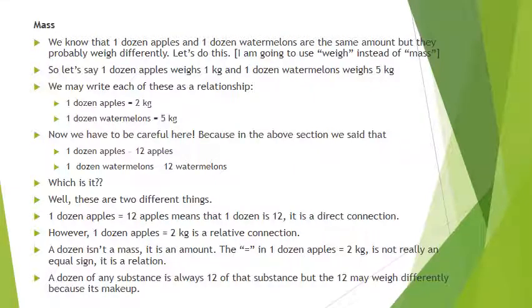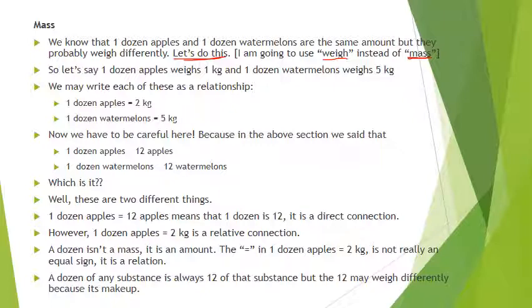Okay, next thing is mass. We know that 1 dozen apples and 1 dozen watermelons are the same amount, but they probably don't weigh the same. I just want to let you know I'm using the word weight instead of mass, just because I'm so used to using it.